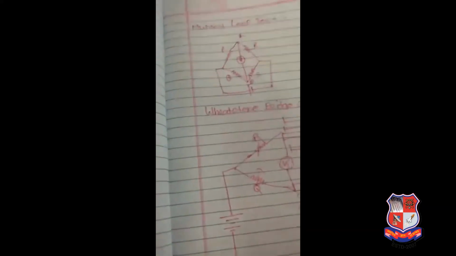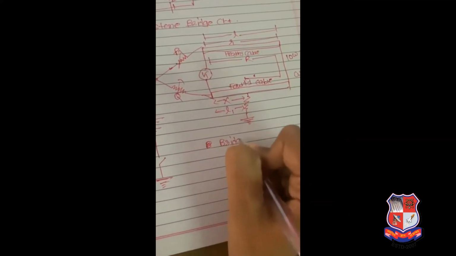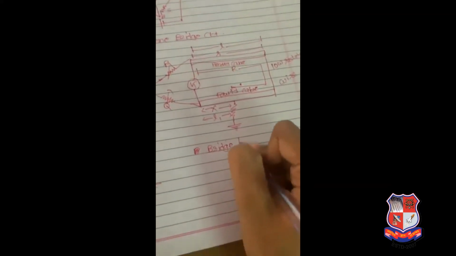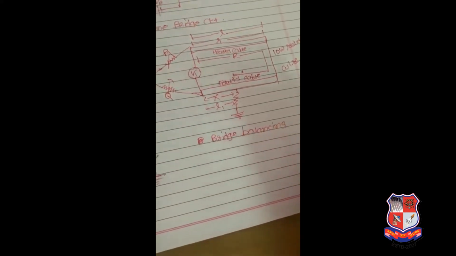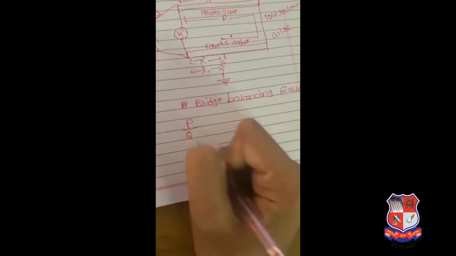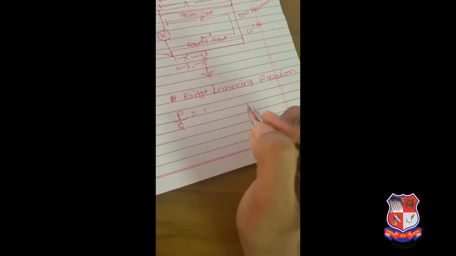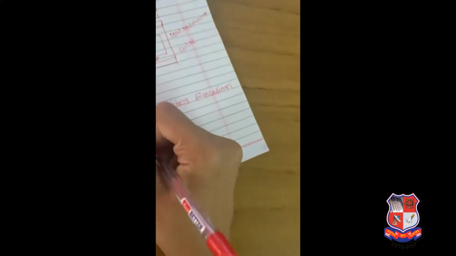Now, we will write the bridge balancing equation. The bridge balancing equation is P by Q is equal to R by X. Okay.